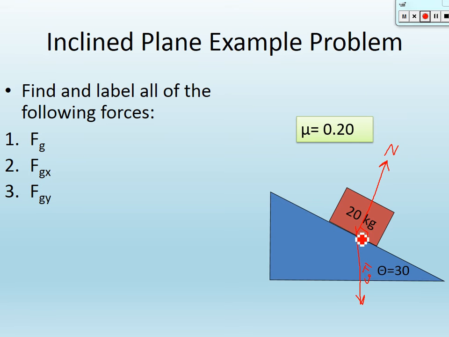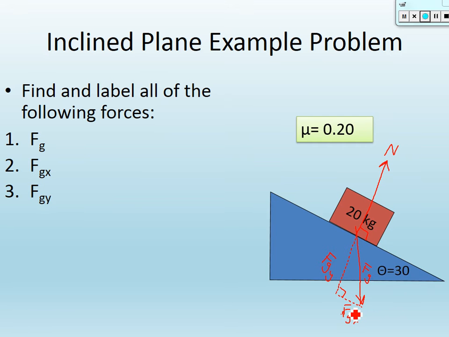Well, if you continue that normal force line, it makes force of gravity in the y direction. And then by connecting the right triangle here, this leg of the triangle is called force of gravity in the x direction. Okay?